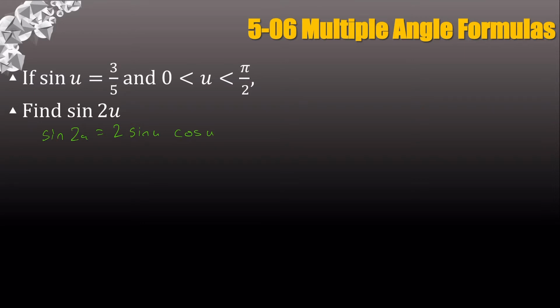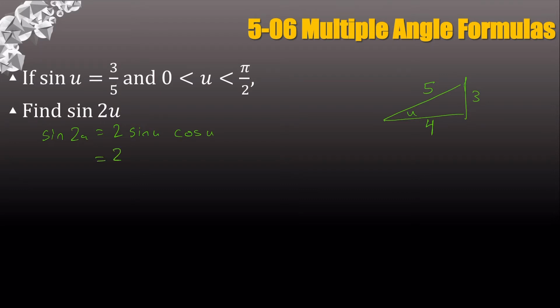Well, several ways we could think about this. I'm just going to use a triangle. If this angle is u, sine is opposite over hypotenuse, and we could use the Pythagorean theorem to find the adjacent. And because it's in quadrant 1, everything's positive, so cosine would be 4/5.